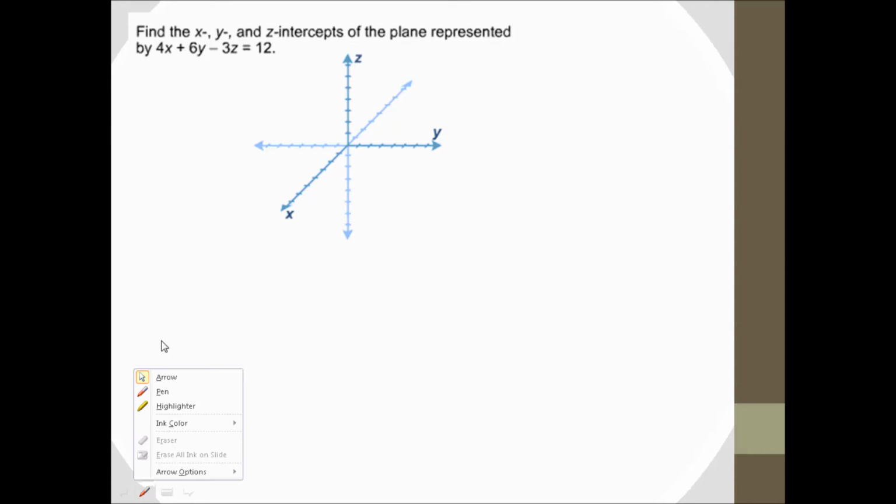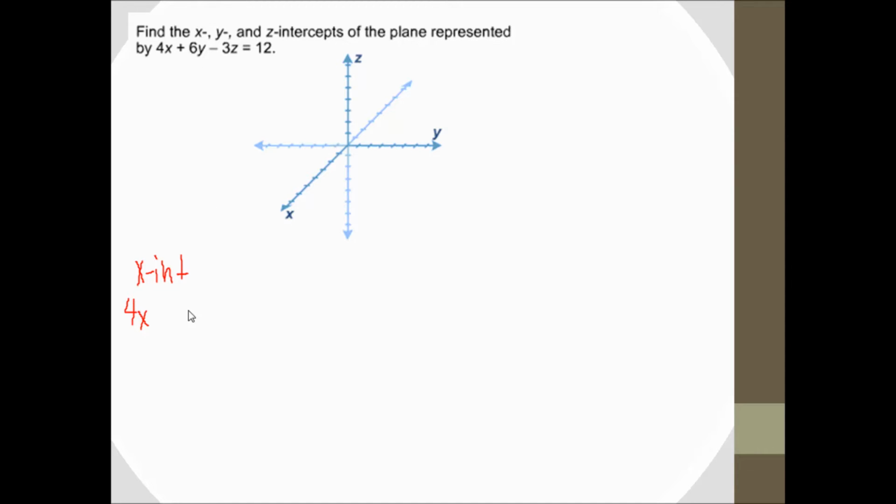Alright, so if you recall back in Algebra 1, you could find the intercepts of a line by plugging in zeros. Well, the same thing applies when we want to find intercepts of a line that is in 3 dimensions. So if I want to find the x-intercept, I'm going to plug in y and z as 0.